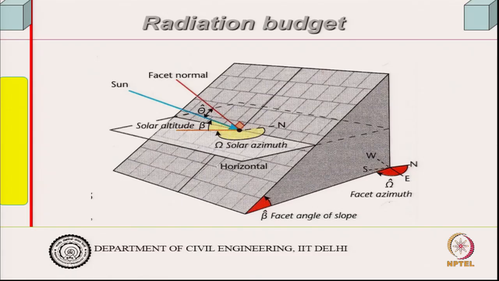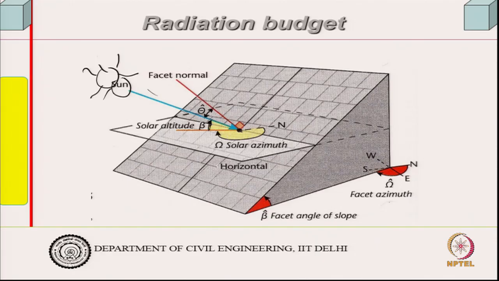Now, first of all, this is the altitude angle of the sun. If I have the surface, this is the normal to the surface, and the sun is somewhere here. The sun's radiation comes onto the surface; the angle the sun's ray makes with the normal to the surface, we call the altitude angle.